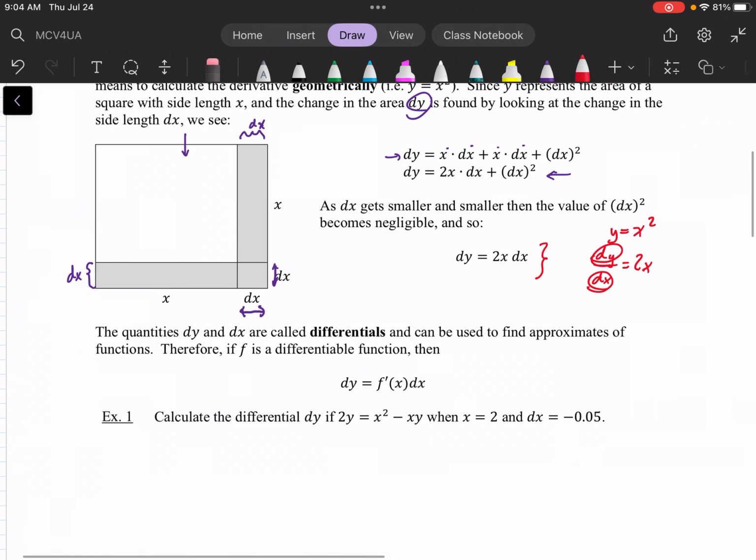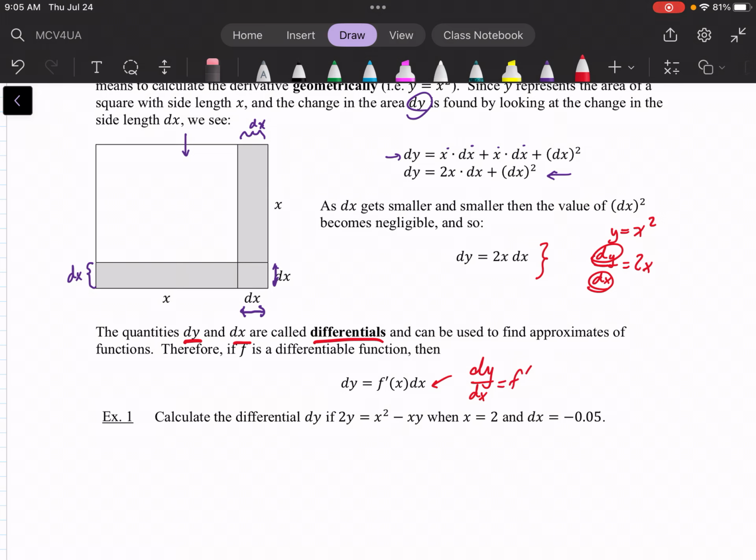So now we can list the quantities dy and dx as differentials, and this can be used to find approximations of functions. Therefore, if f is differentiable, you can rewrite your expression as dy equals f prime of x dx, since dy over dx is the same as f prime of x. So now you can separate items. You're still working with a derivative, you're just not working with respect to a specific variable.